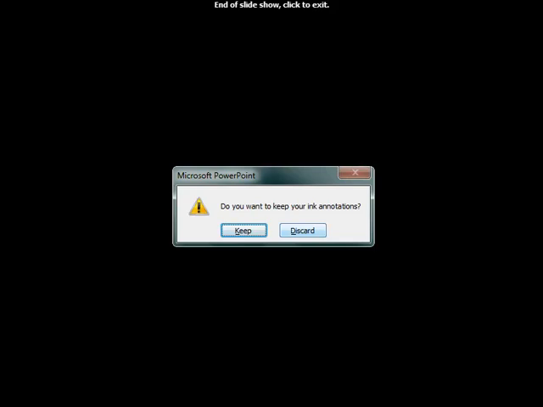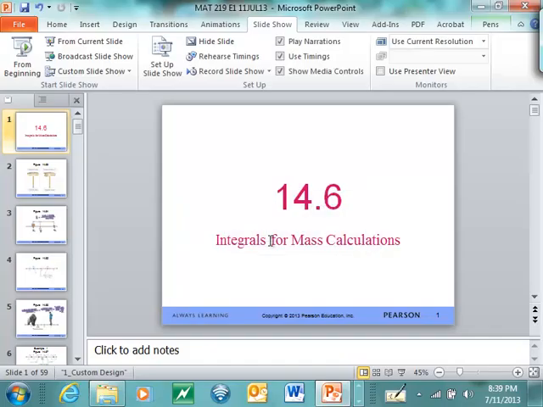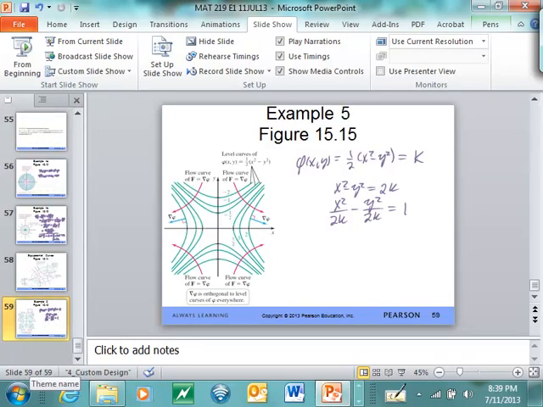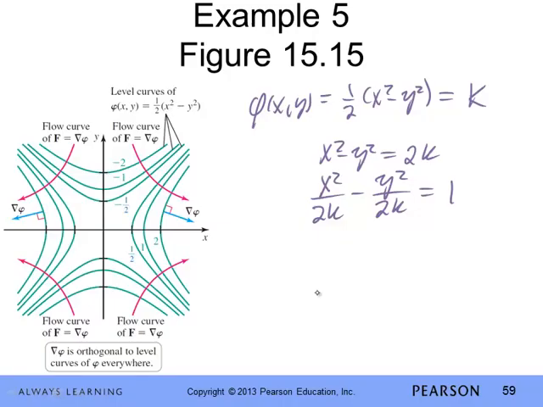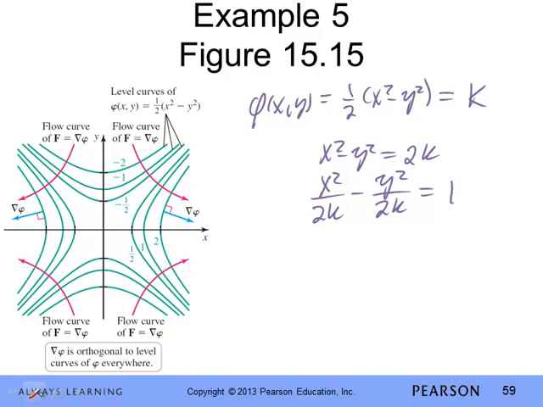Sorry, I need to turn on my pen, that's all. Take the gradient of phi. Anyway, you get x comma negative y.